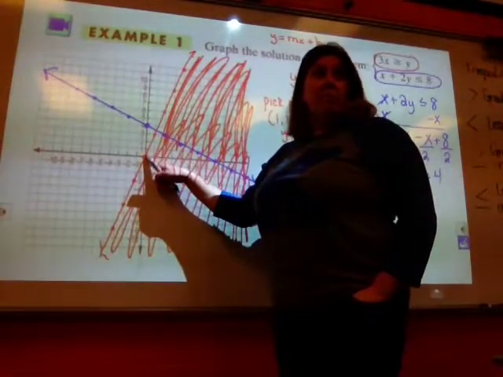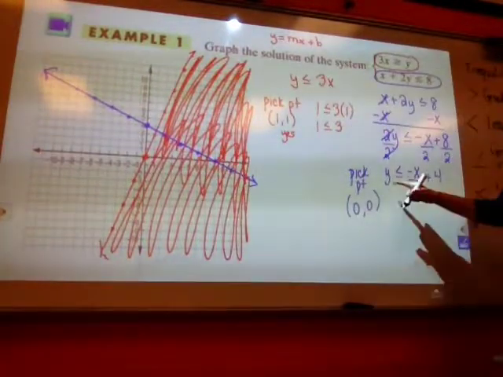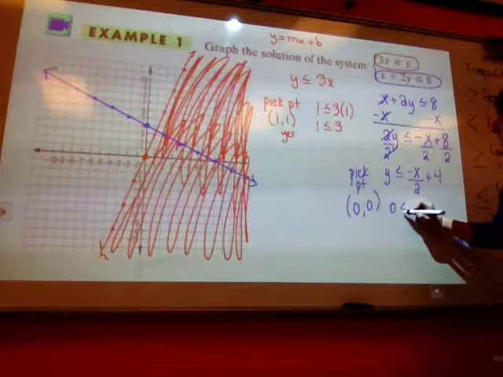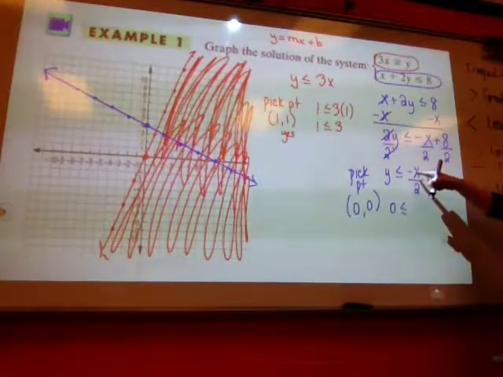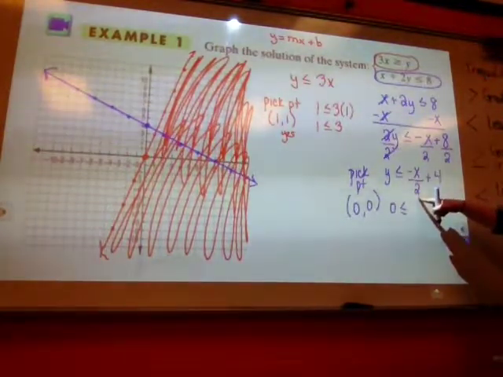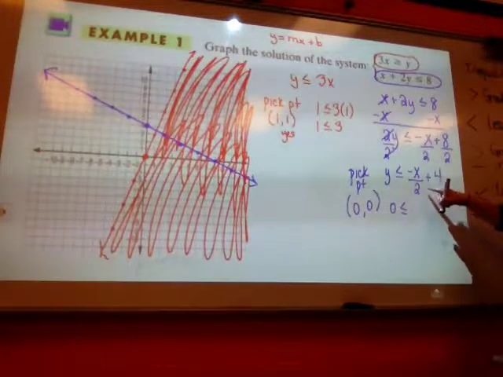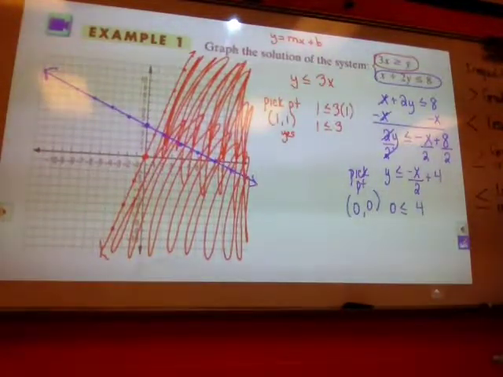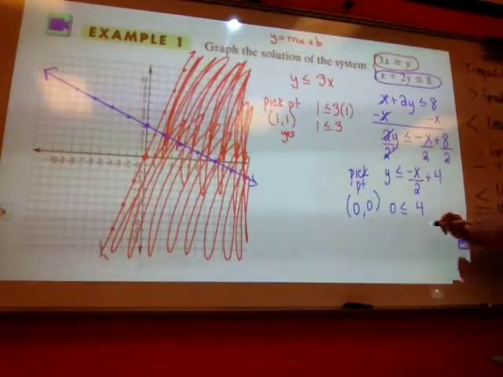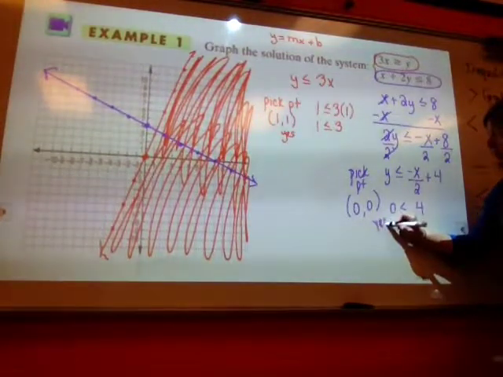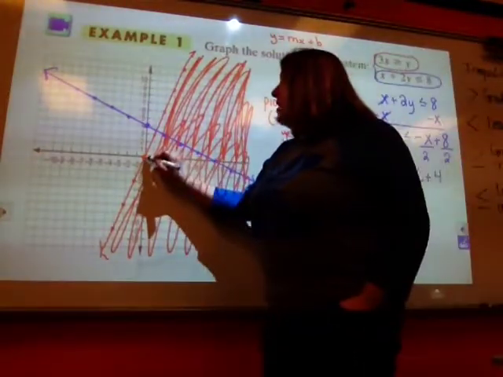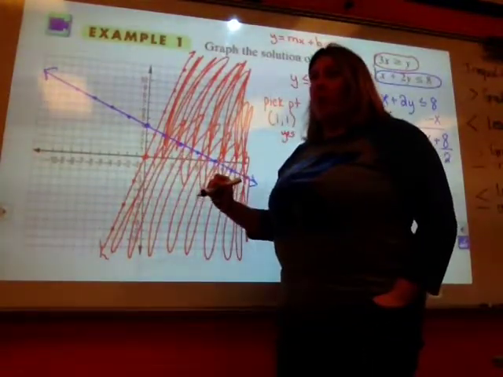Everybody okay with that? All right, so I'm going to have 0 is less than or equal to, well, what's 0 divided by 2? 0. And then 0 plus 4 is going to be 4. Does that work? Yes, that works. So I'm going to shade on the side where 0, 0 is located.